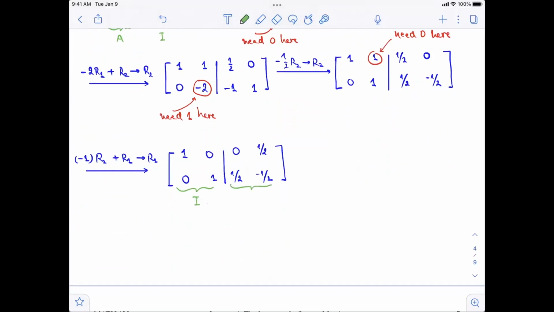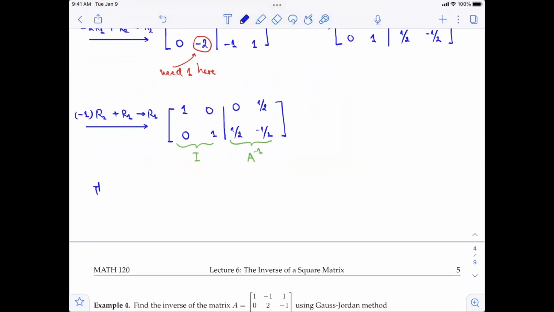And this matrix right here is the inverse matrix of the matrix A. Right, so we say that A inverse is equal to the matrix 0, 1/2, 1/2, -1/2.